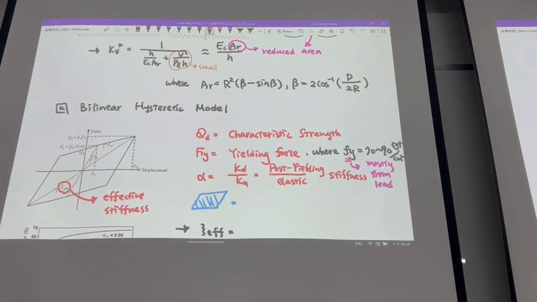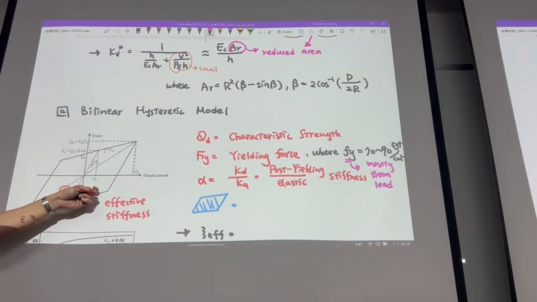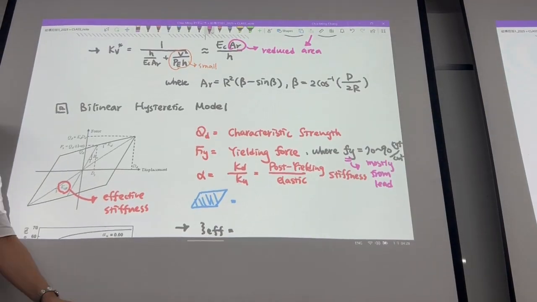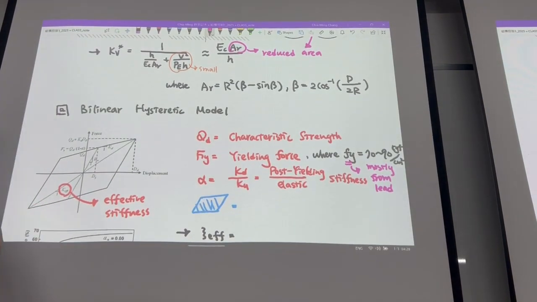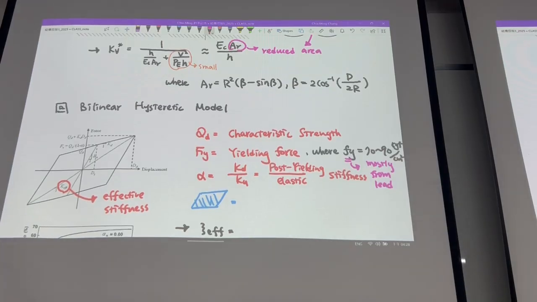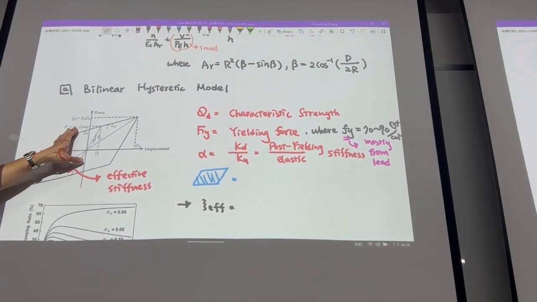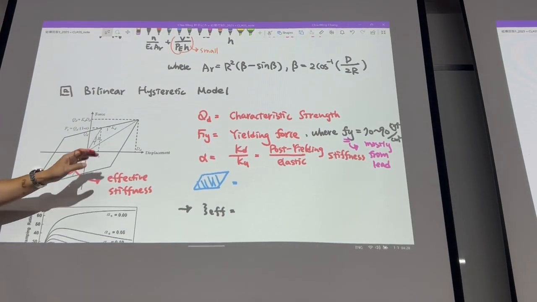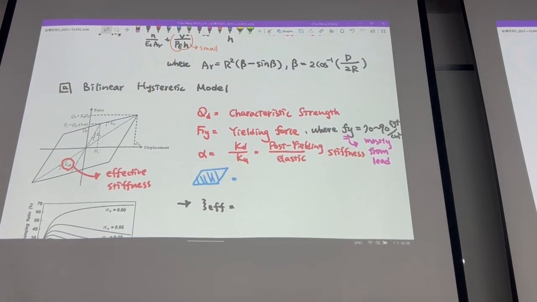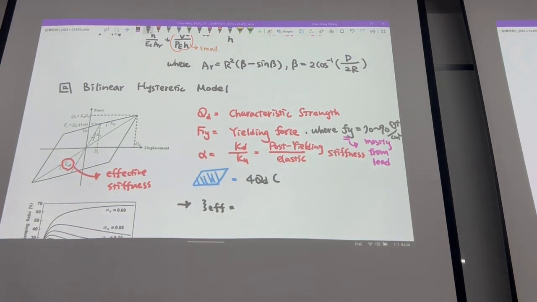Another one is that when we talk about the design spectrum, the other factor is that you have to know the damping ratio, right? So this hysteresis loop can provide a damping ratio. So we use that energy idea. Okay. So the area of this hysteresis loop is equal to 4 times QD, times (DD minus DY).